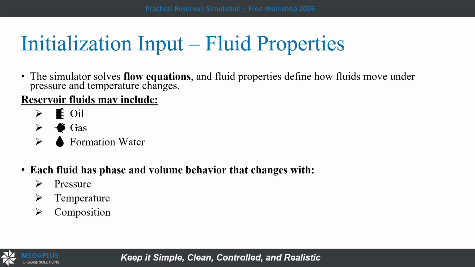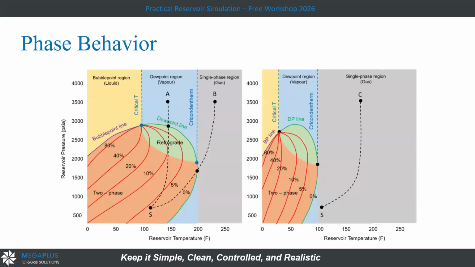So you will find here in the fluid properties, in this picture as an example, the right hand side and the left hand side. We have many types of fluid, like volatile oil or black oil, or on the other side dry gas, wet gas, or gas condensate.